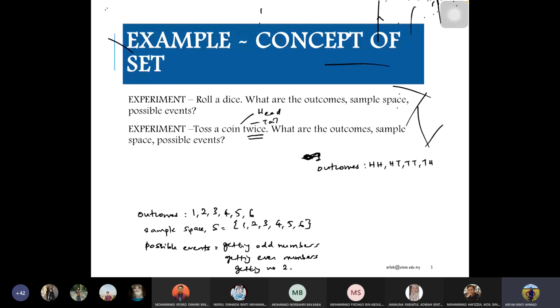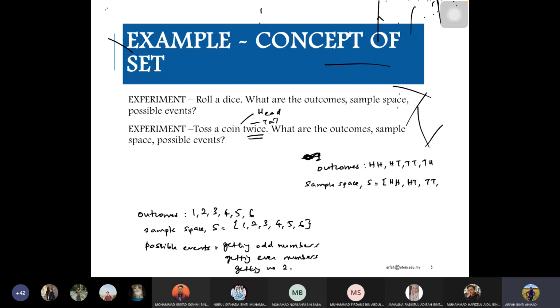Okay. So dia punya sample space, this is the sample space. We just list down all the list of outcomes: head head, head tail, tail tail, tail and head. Okay.